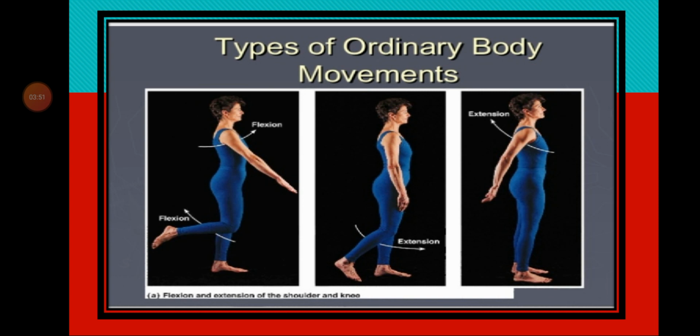You can see the third picture there, when the hands move backward, it is in extension form. The angle between the body and the hand gets increased. So when it moves forward, it gets decreased. So the hand's movement, when it moves forward, is flexion, and when it moves backward, it is extension.